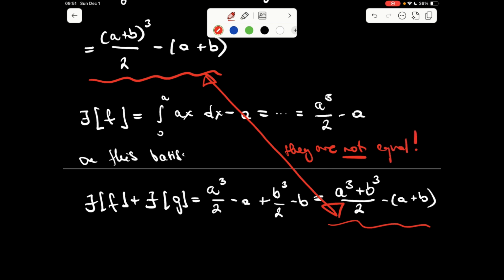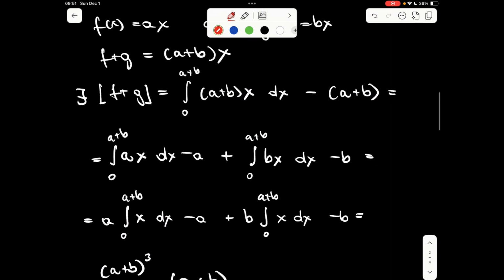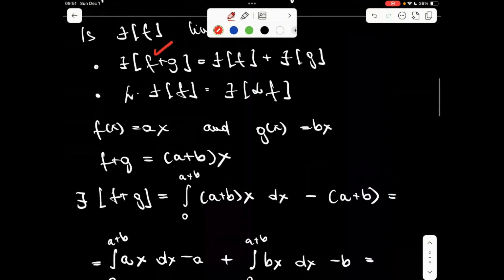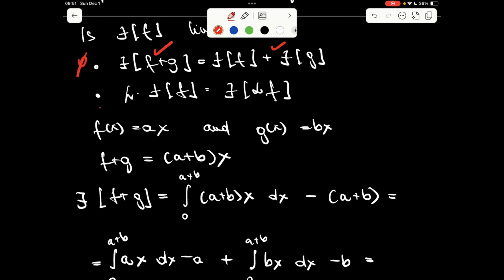So the functional cannot be linear, and now we don't need to pay attention to the second part of the definition because it's irrelevant, because the first requirement is not met. Okay.